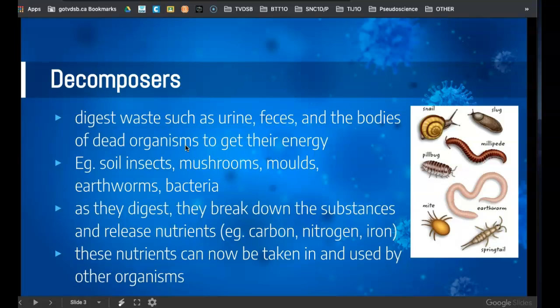The primary ones are plants. So now those nutrients can be taken in and used by the plants, then those plants can be eaten, and what eats those plants can be eaten, and so on and so on. You can see that these nutrients, these things that are broken down and released into, more typically, the soil or the ground, can then be cycled back through our food chain.